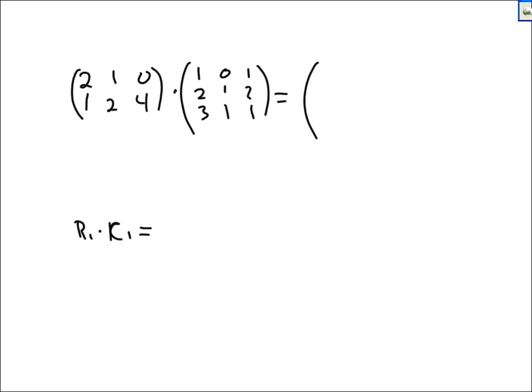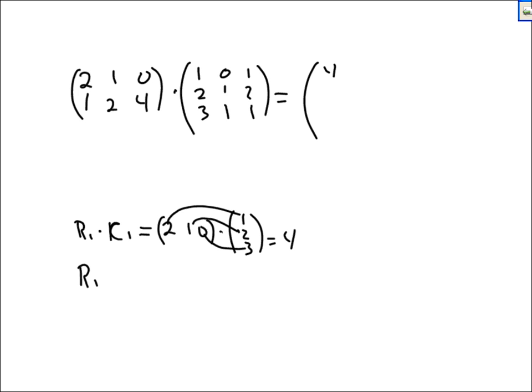Row 1 is 2, 1, 0. I'm going to dot this with 1, 2, 3. 2 plus 2 plus 0 is 4. That goes in row 1, column 1 position.